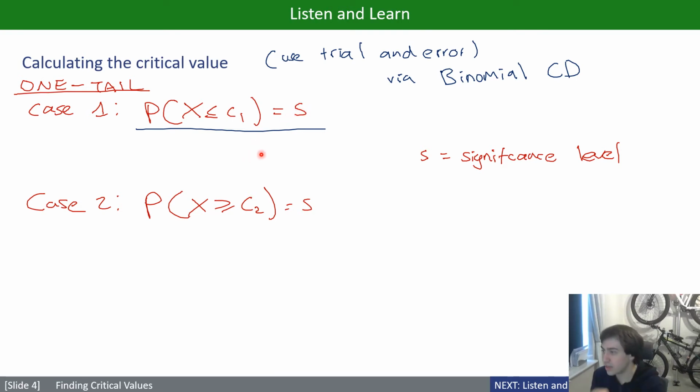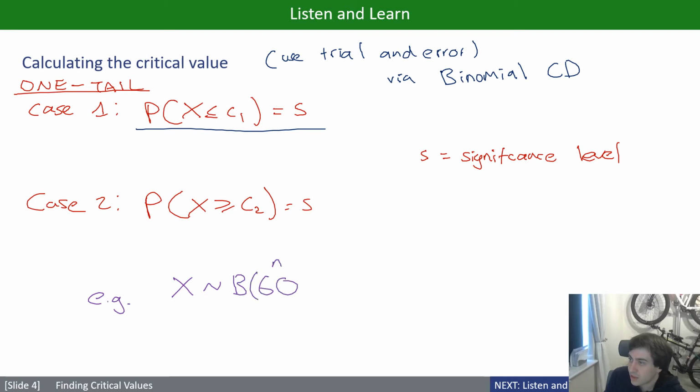To try this out, let's do a specific example to make sure you understand what to do. Let's stick with our dice scenario. So n is 60, the number of trials. p is 1/6. Let's say my significance level is 5%.